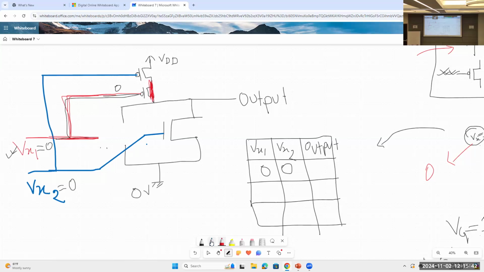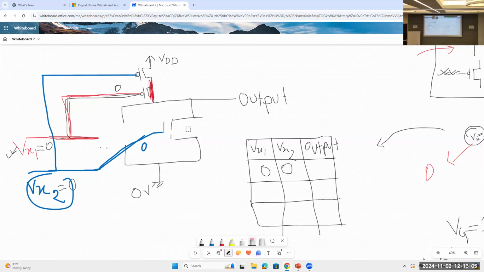Now let's analyze VX2. If VX2 is 0, then this 0 is coming to this NMOS. If the NMOS gets 0 as input, will it be on or off? Off. Off, great.